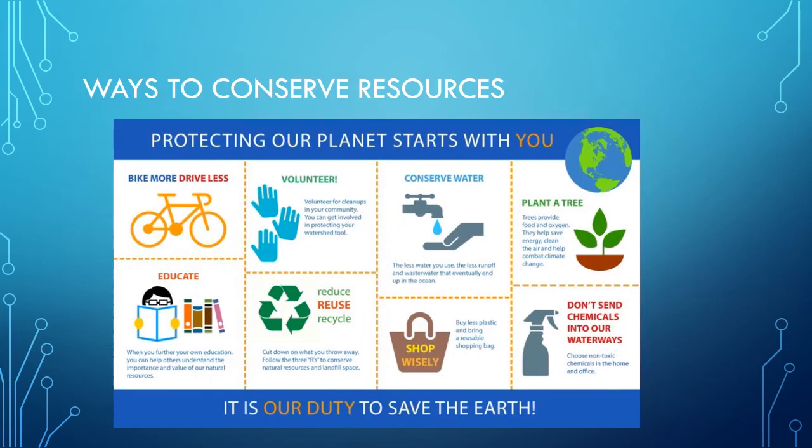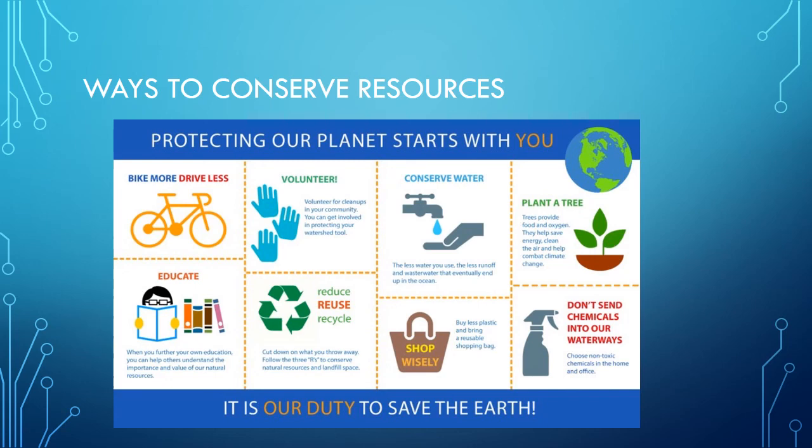There are various ways by which we can conserve our energy, like using bicycles in place of power-driven vehicles. Working as a volunteer to save the environment, we should conserve water for our future use. We should plant trees because trees give us oxygen. We should educate ourselves because that increases our knowledge.